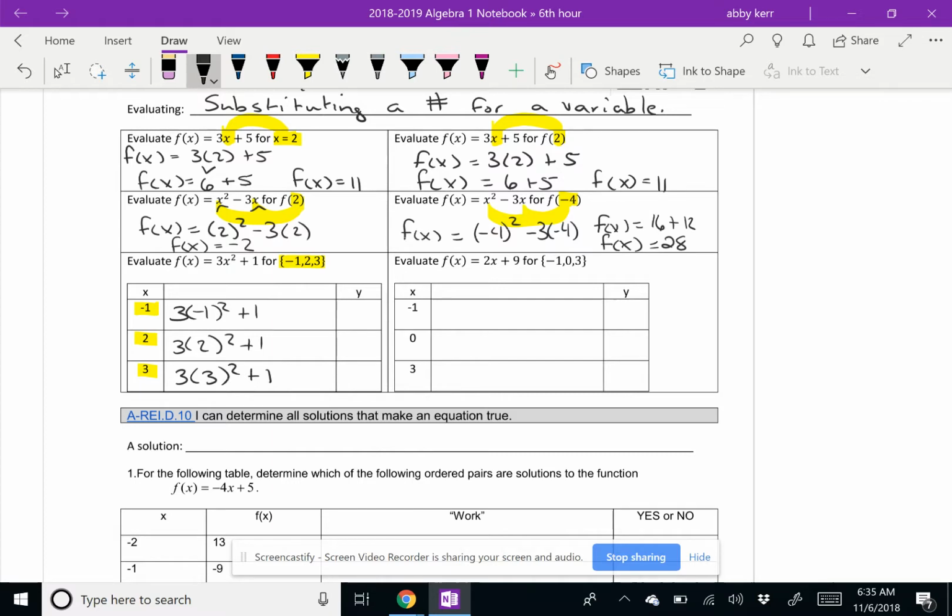Now when you do that, negative 1 squared is 1 times 3 plus 1. So then you will get y equals 4. 2 squared is 4. 4 times 3 is 12, plus 1 is 13. 3 squared is 9, times 3 is 27, plus 1 is 28.